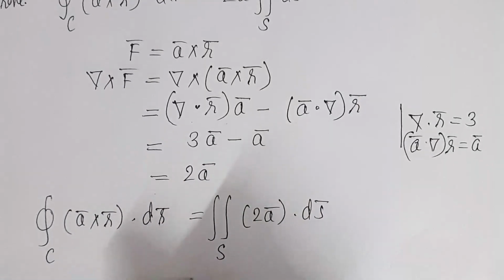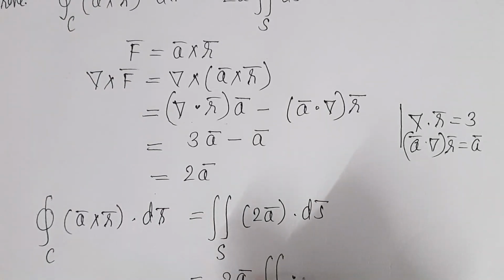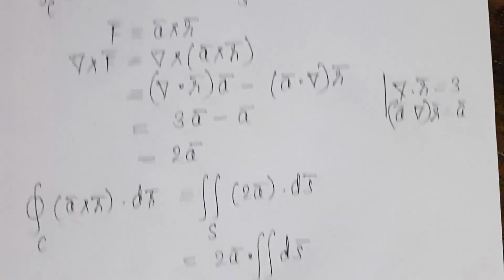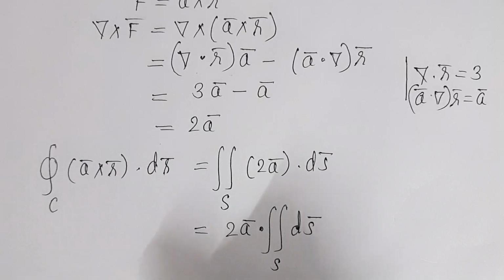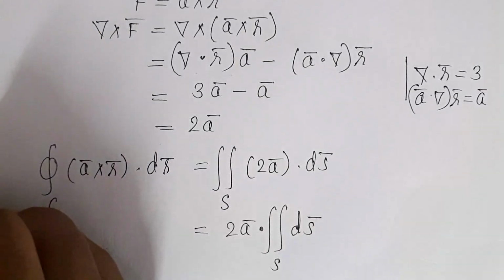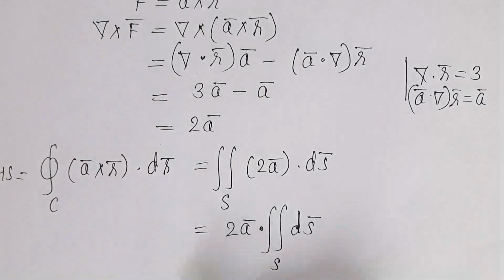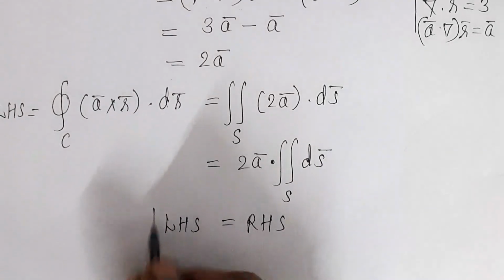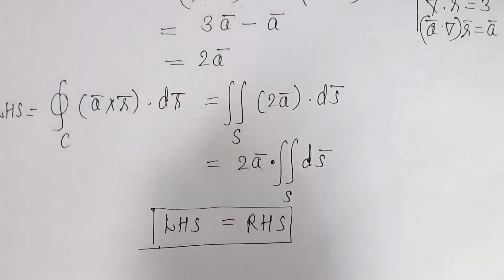So this is equal to 2A bar outside, double integral over S of ds bar. So this is the result which we obtained. This is equal to RHS. So here we consider LHS and it is equal to RHS, hence result is proved.